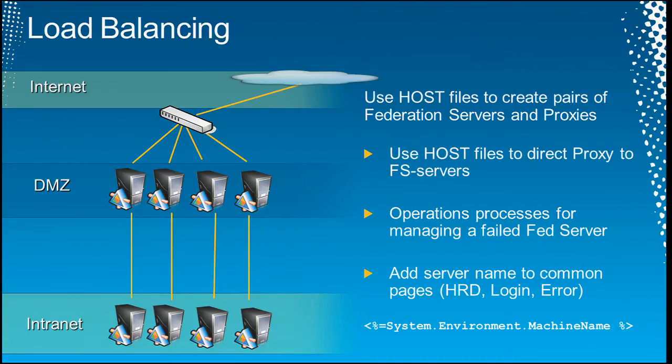And so another thing that we've done to aid in troubleshooting is that in all of our ADFS common pages, so our home realm discovery page, our forms-based auth login page, our error pages, we have created an ASP.NET line that within the source of the HTML page will echo the name of the server that the user authenticated to. We don't actually print it out to the result in HTML, because that looks kind of lame.